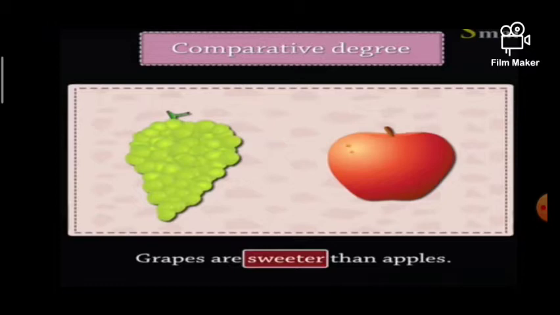So here sweet, sweeter, sweetest. As we know we are doing the comparative degree, so first of all we have to concentrate on the word sweeter. SWEETER. See, so ER, what do I add? ER. Here we are doing comparison between two fruits.